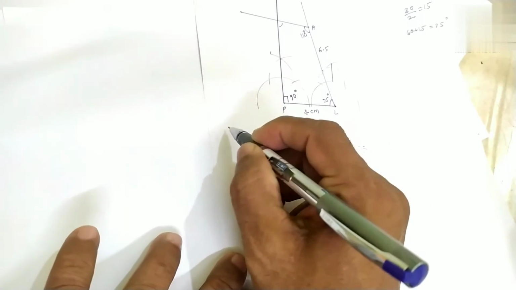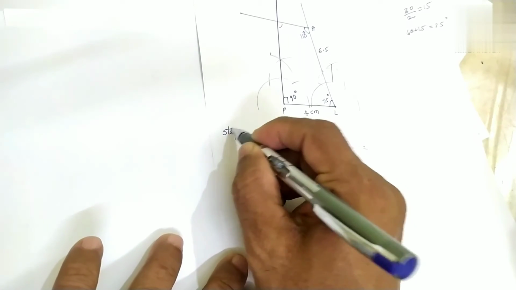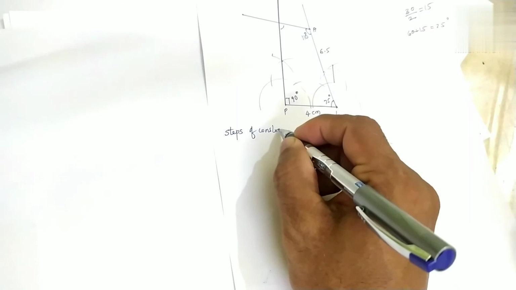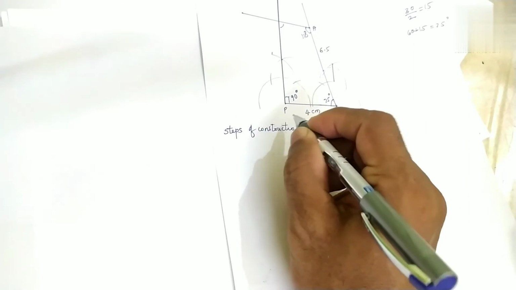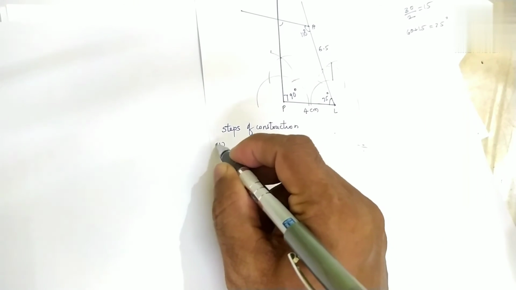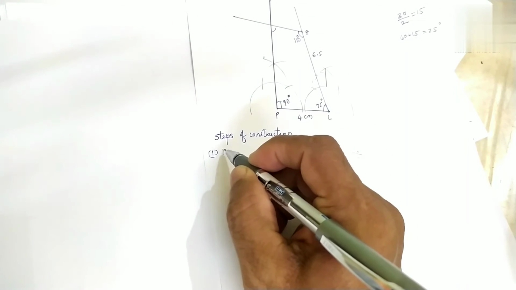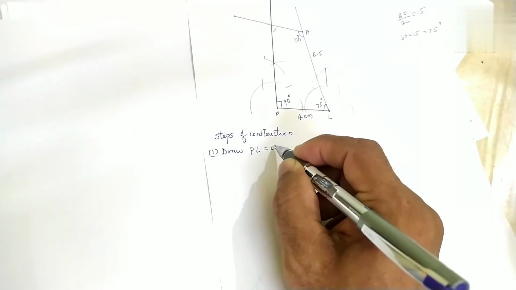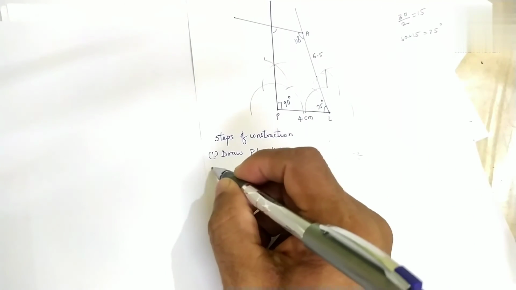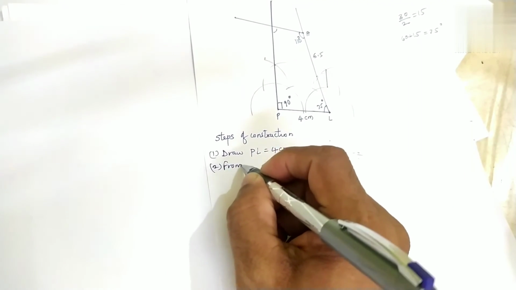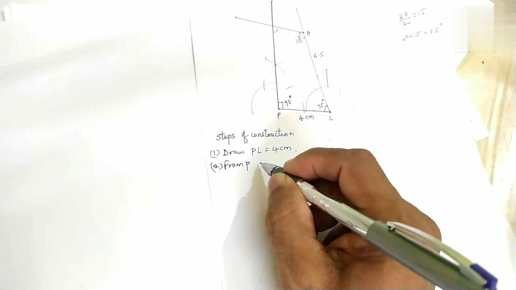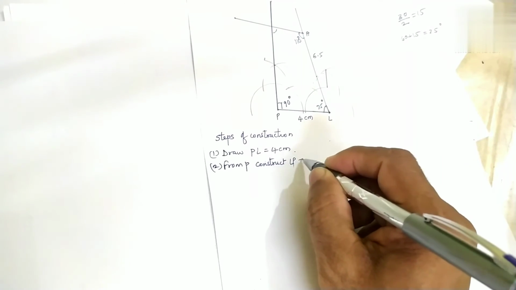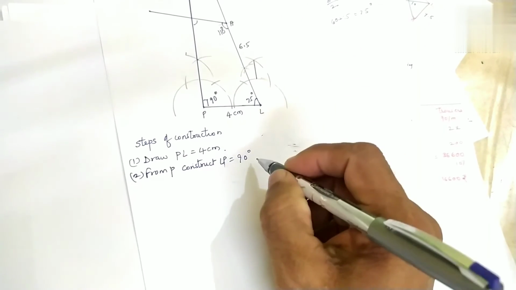We'll write down the steps of construction. First step, draw PL equals 4 centimeters. Second, from P construct angle P equals 90 degrees.